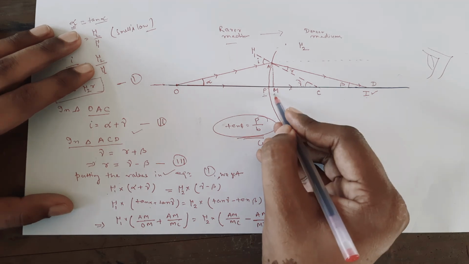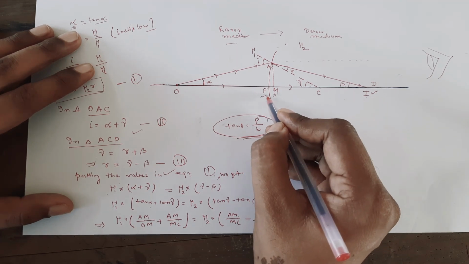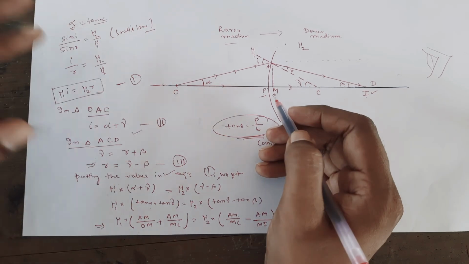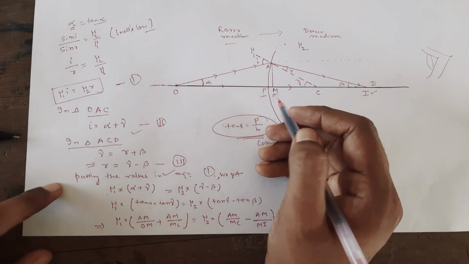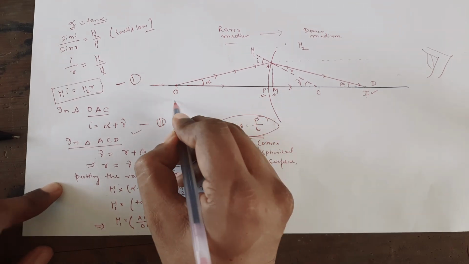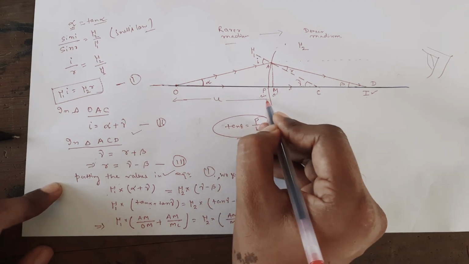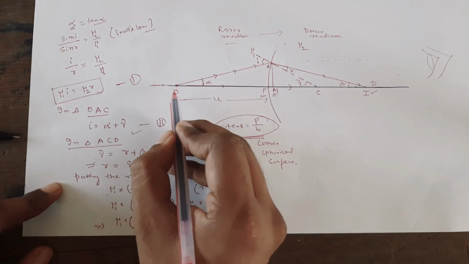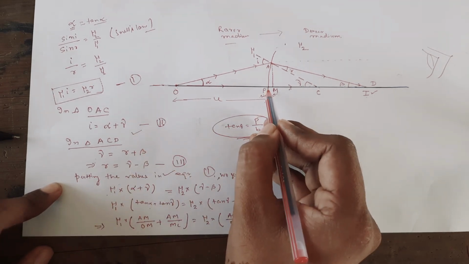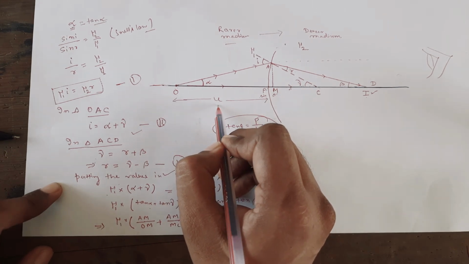So in place of M we will put P, because whatever distance we measure is from the pole. This distance is the object distance, because the object is here and its distance from the point P is the object distance, known as u.